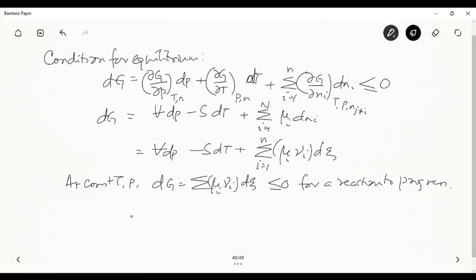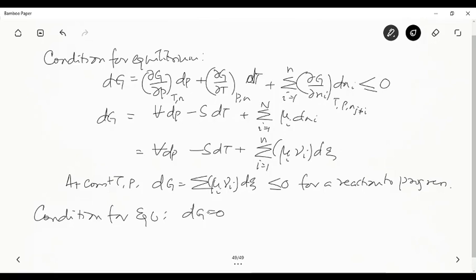From this we can derive the condition for equilibrium. The condition for equilibrium is dG equal to 0.